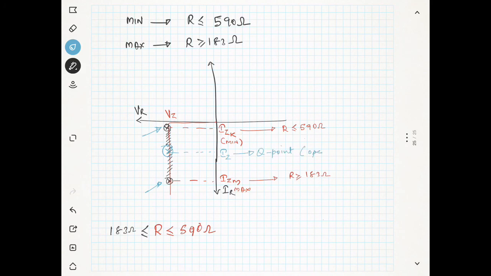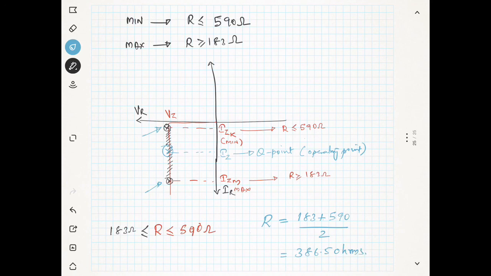So the better way to choose R is just to take the average, 183 plus 590 divided by 2. So you will get the answer as 386.5 ohms.